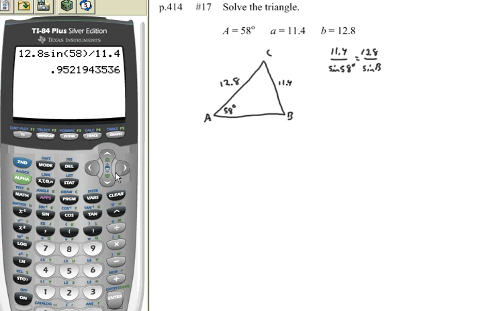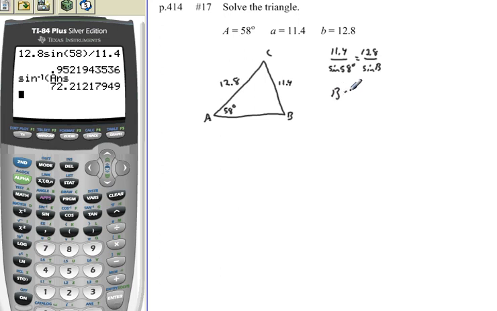Now careful, that's not what angle B is equal to. Instead I have to take the inverse sine of that answer, and I find that angle B is about equal to 72.21 degrees.